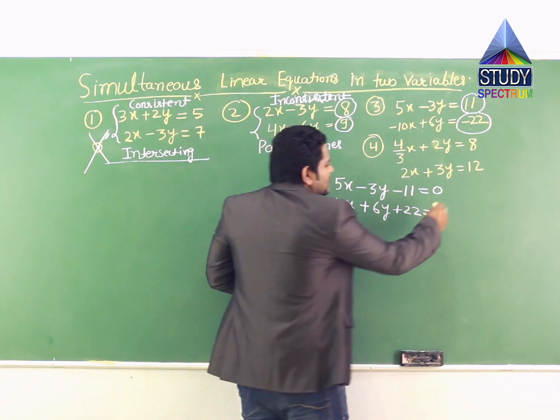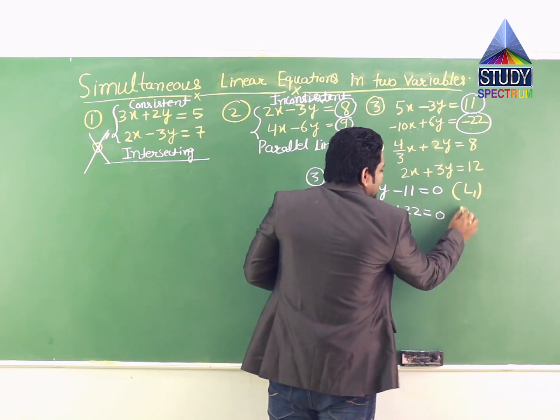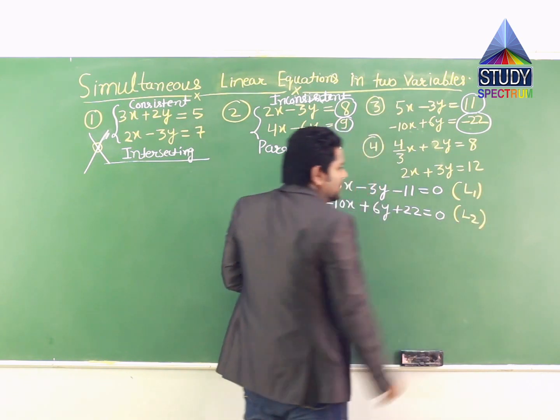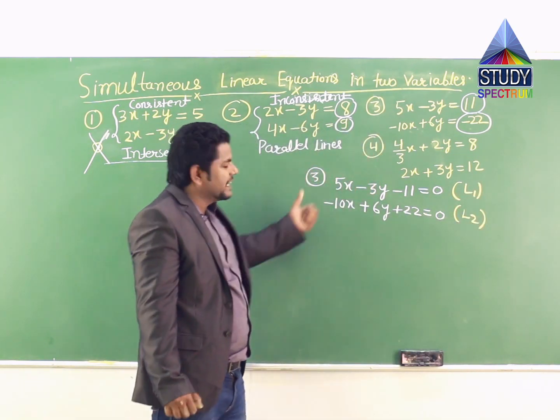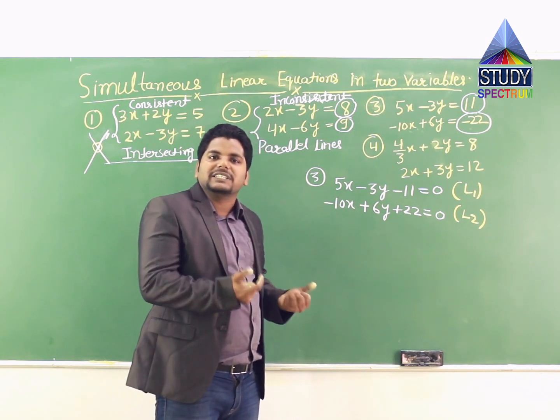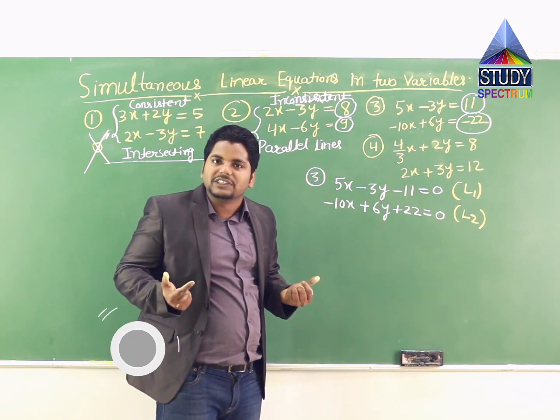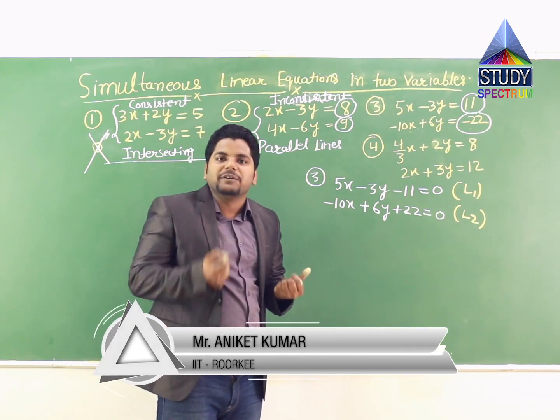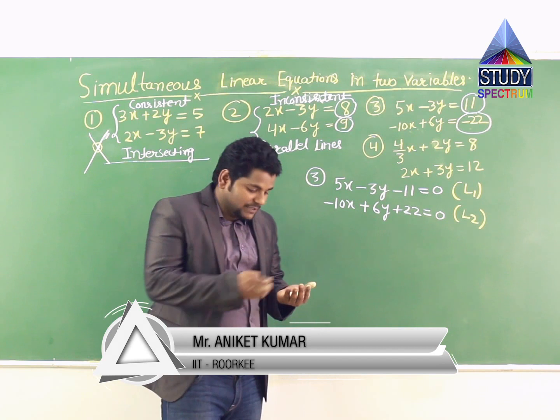Now suppose this is line L1 and this is line L2. Again we'll write the respective coefficients A1, A2, B1, B2 and C1, C2. Thereafter we'll calculate A1 by A2, B1 by B2 and C1 by C2.